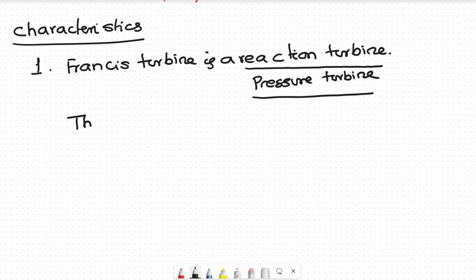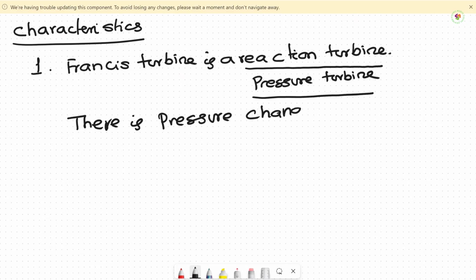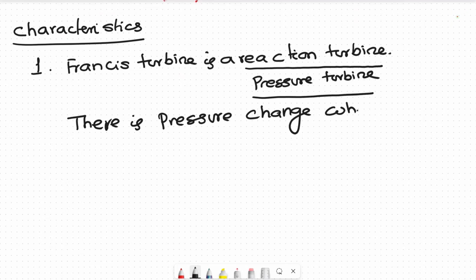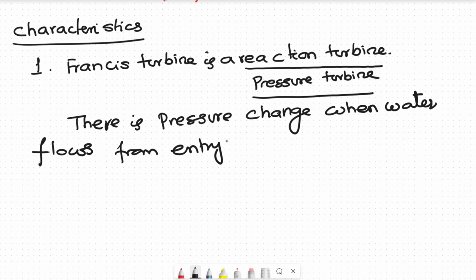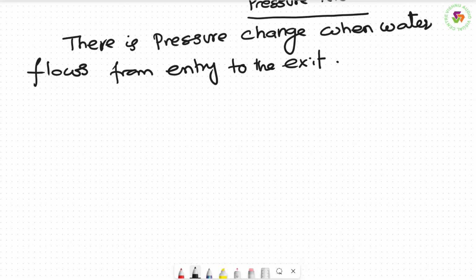There is pressure change when water flows from entry to the exit. This pressure change is called reaction.